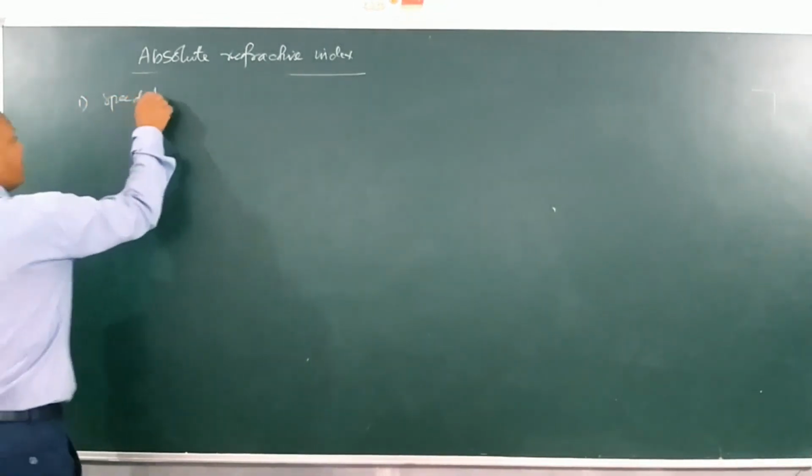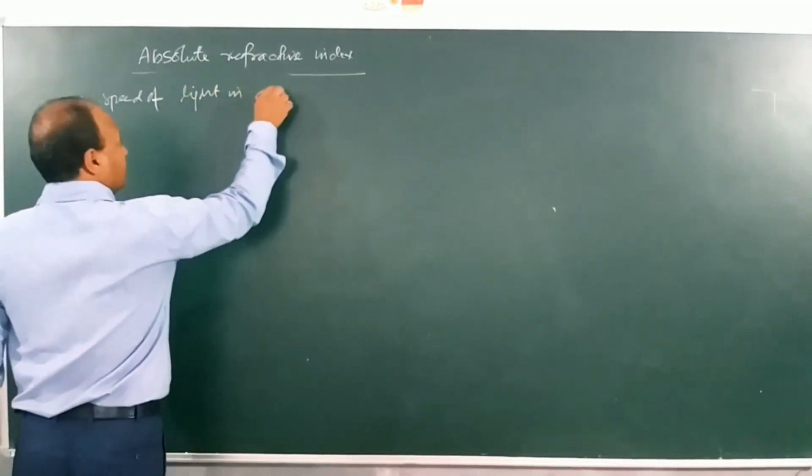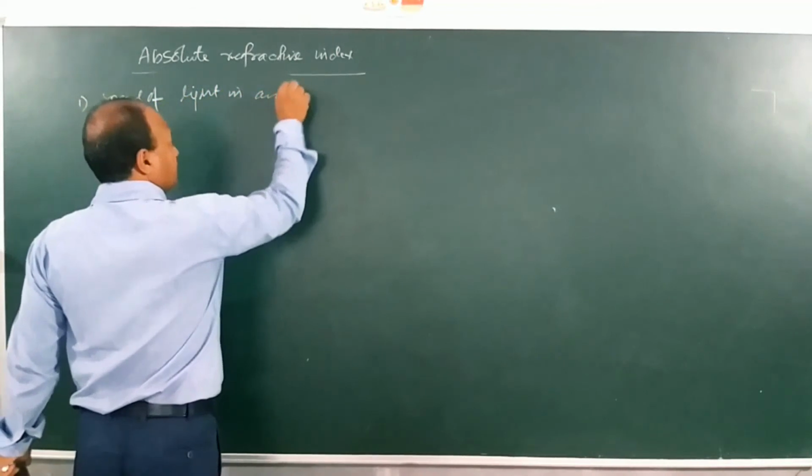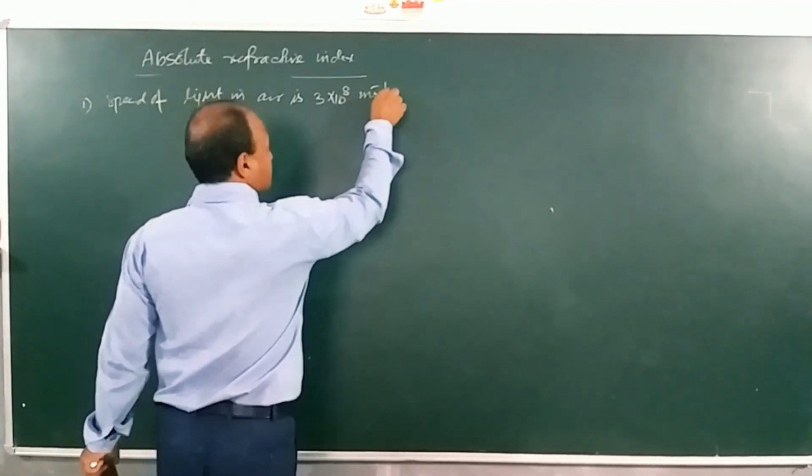Speed of light in air is 3 into 10 to the power 8 meter per second.